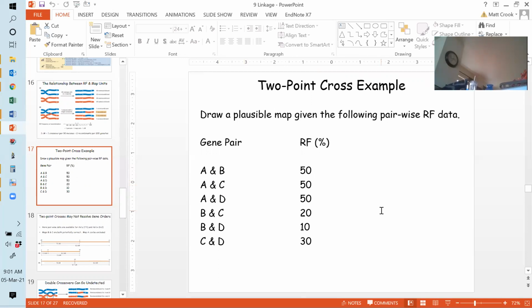So now we can build a map like so. Now we're going to have A, and I'll just do it from left to right. It doesn't have to be, right? And we're just going to put them as B, C, D over here, right? Because this is 50. Make sense?